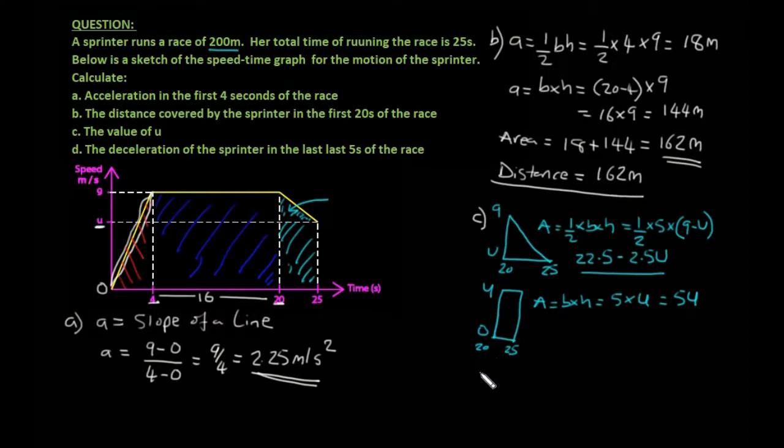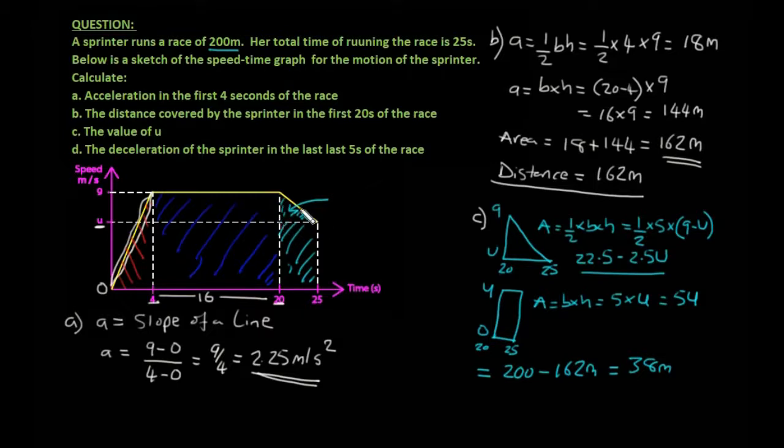So distance run between 20 and 25 seconds, last 5 seconds, is equal to 200 minus 162 meters, which is equal to 38 meters. And distance ran in last 5 seconds is equal to area under the graph.